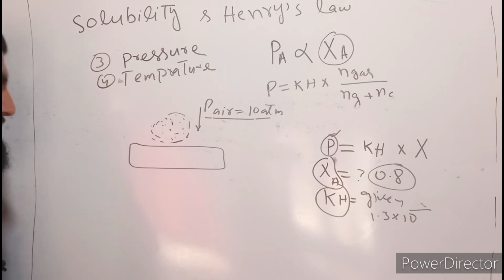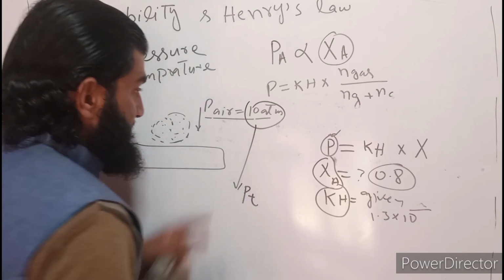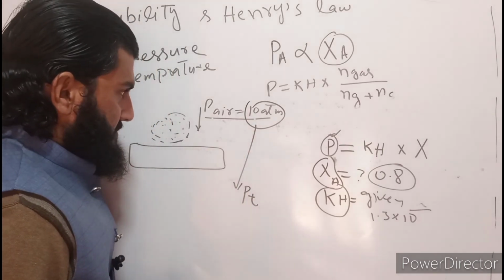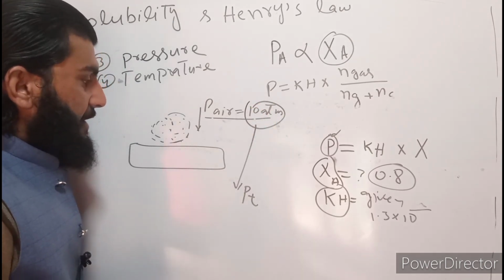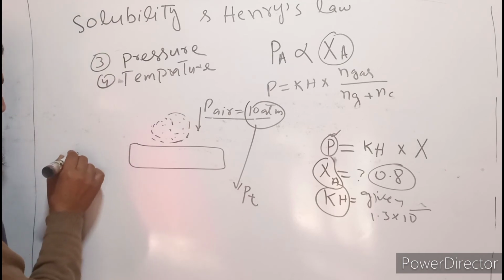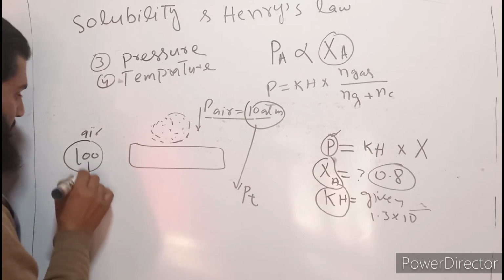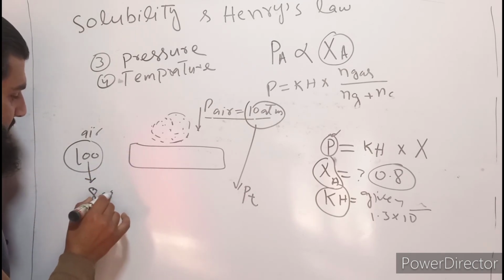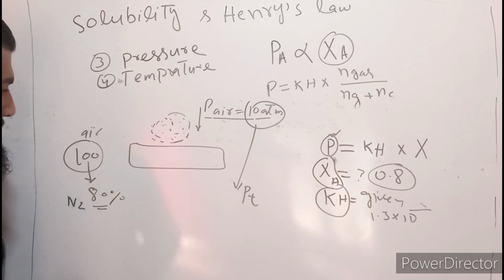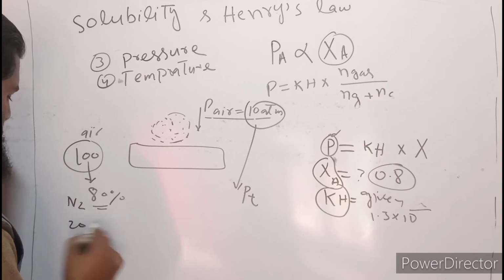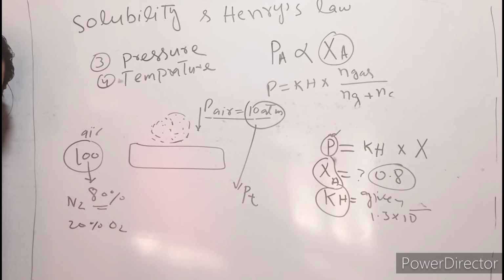You know that this is the total pressure, P total. In air, if this is 100 molecules of air, approximately 80% are molecules of nitrogen and 20% are O2.